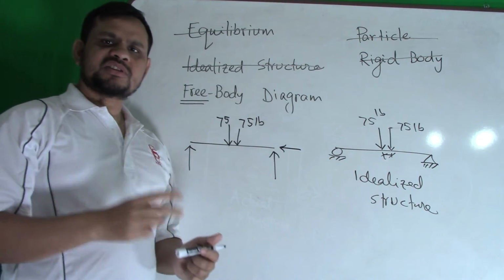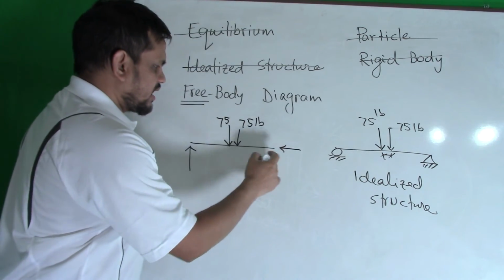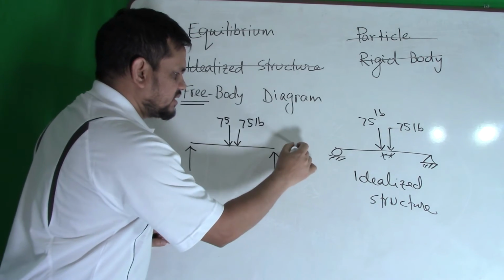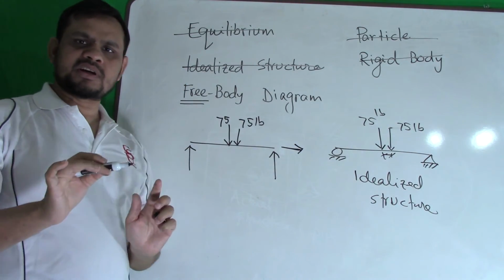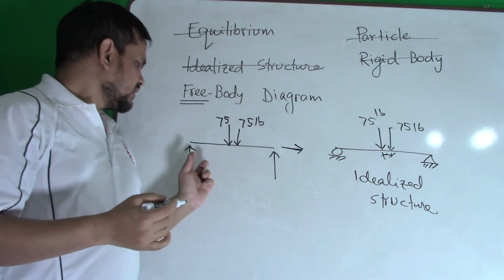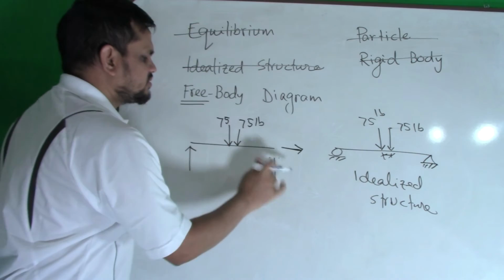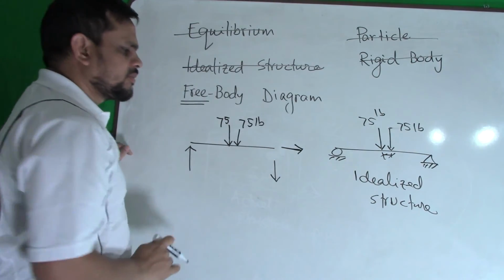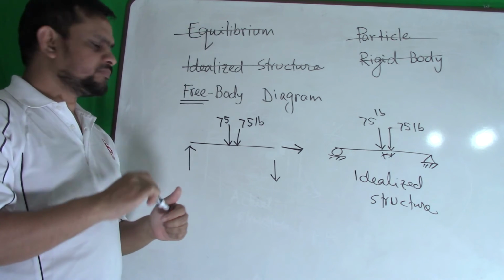That means pin support can restrain in 2 ways. Can I assume this way? Yes, there is no problem. This arrow direction doesn't matter. After solving, we will know the exact direction. Just assume this way or this way, we do not know before that. So the arrow direction doesn't matter, what matters is the arrow.